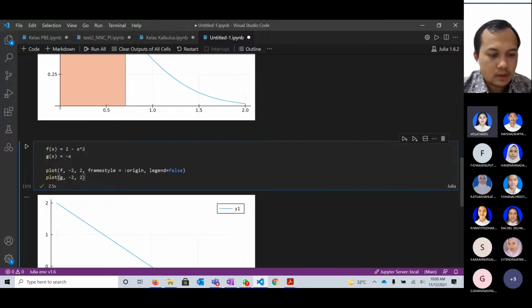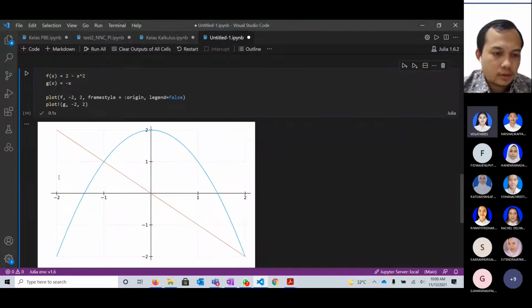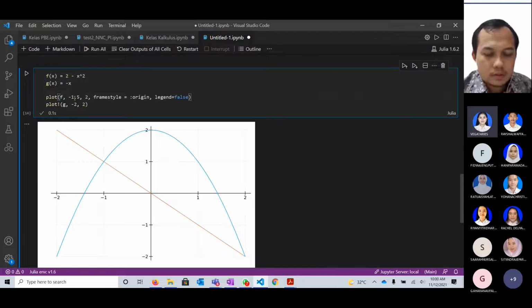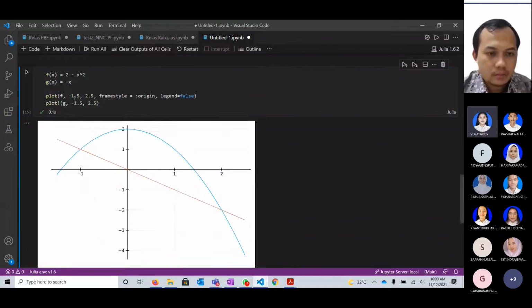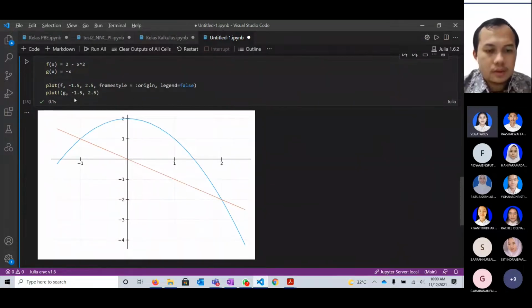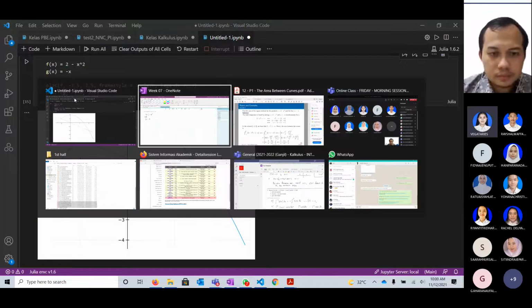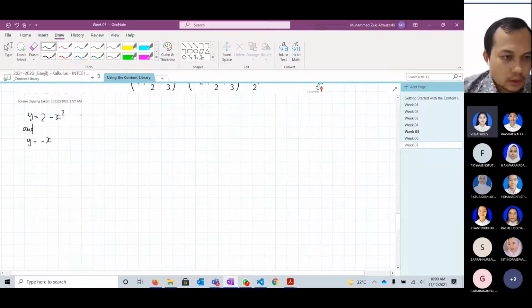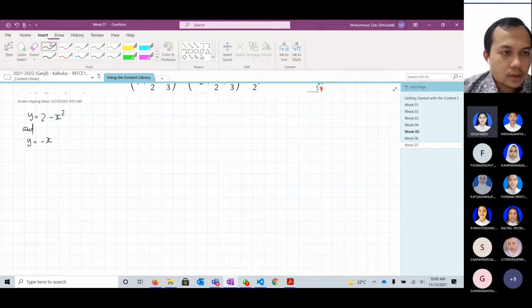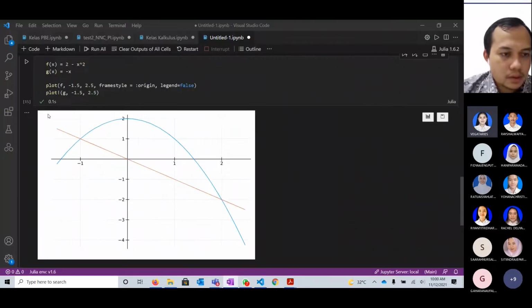Oops, sorry. Oh no, from minus 1 half to 2 half. Yeah. Then now we want to put here the plot.